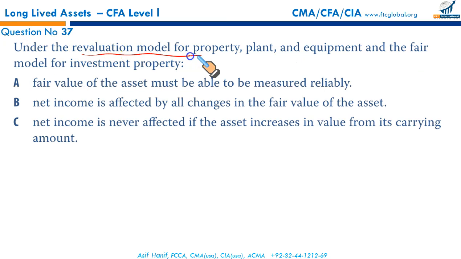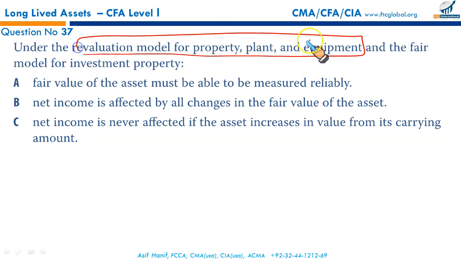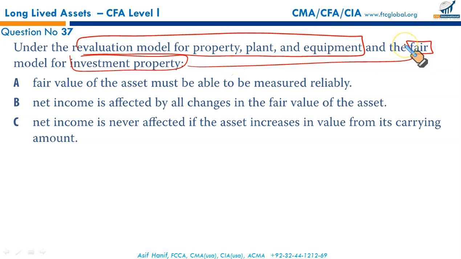Under the revaluation model for property, plant and equipment and the fair value model for investment property, two things given simultaneously. Under the revaluation model of PPE and the fair value model of investment property, these two simultaneously. Fair value of the asset must be able to be measured reliably.